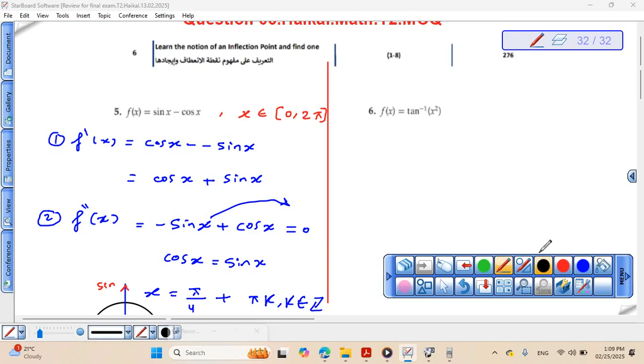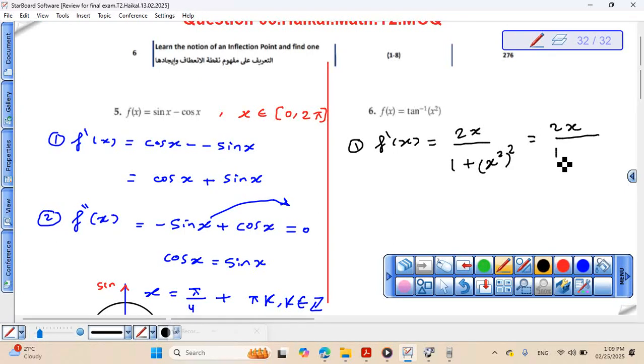This is step 1 here, as you see. F prime of x equals, what is the angle? X squared. What is the derivative then? 2x over 1 plus x squared. Yes, right. This equals 2x over 1 plus x to power 4.